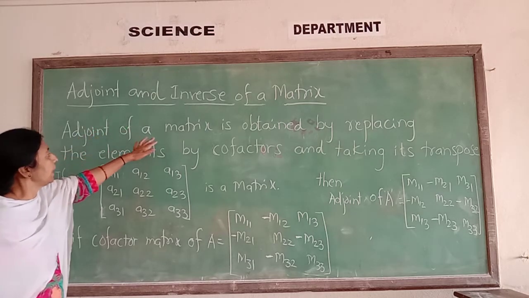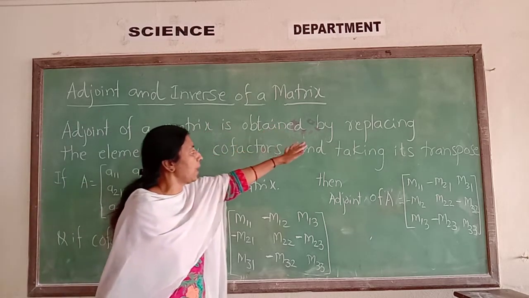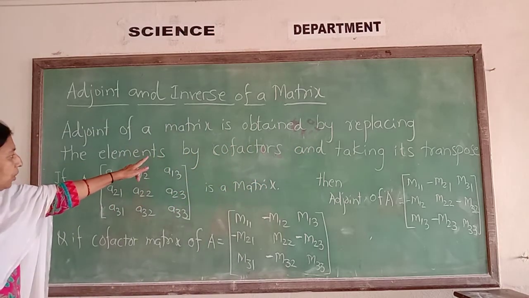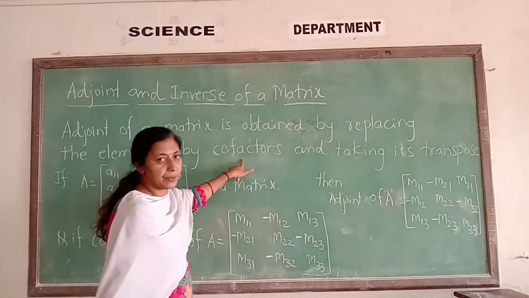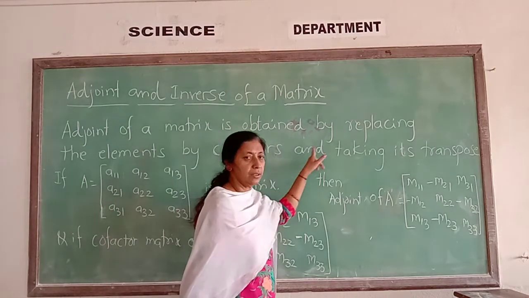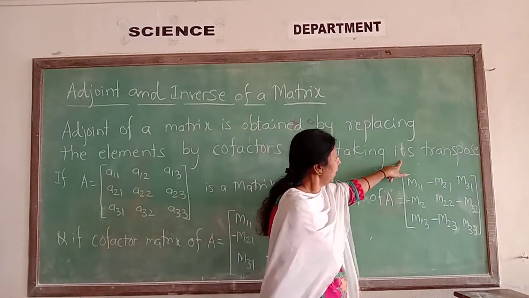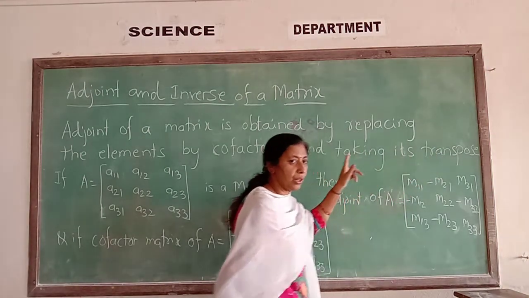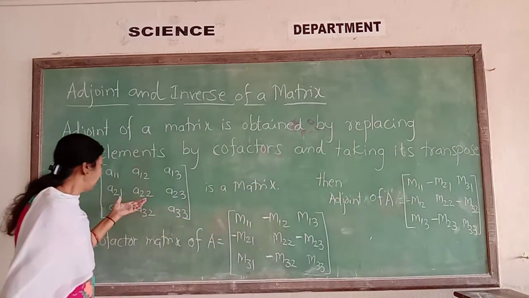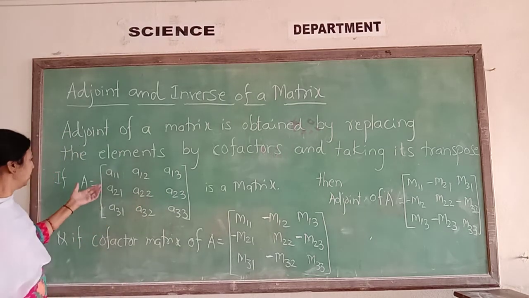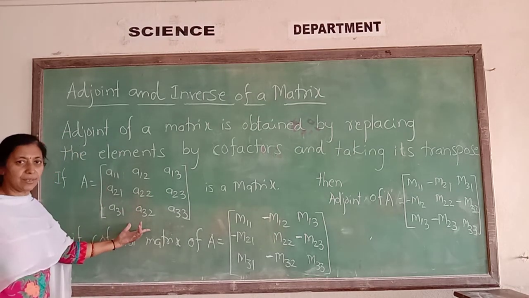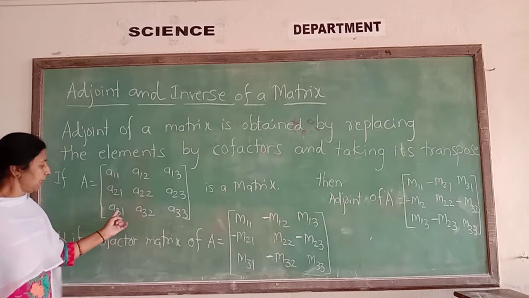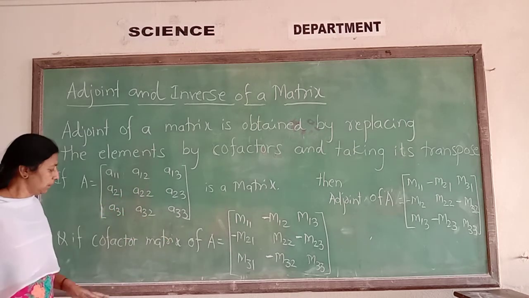Adjoint of a matrix is obtained by replacing the elements by cofactors and taking its transpose. So here is an explanation about the same. Suppose this is a given matrix: A11, A12, A13, A21, A22, A23, A31, A32, A33.